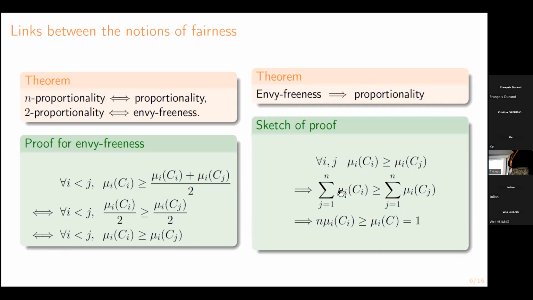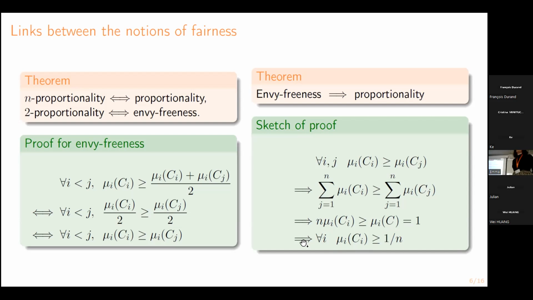This does not depend on j, so this is equal to n times mu i of ci, and this is the sum for every j of mu i of cj, so the sum of every utility i allocates to every piece of cake, which is 1, because this is a partition of the cake, actually. And so you obtain the proportionality.